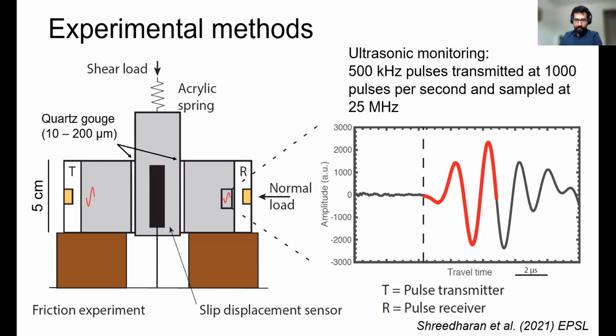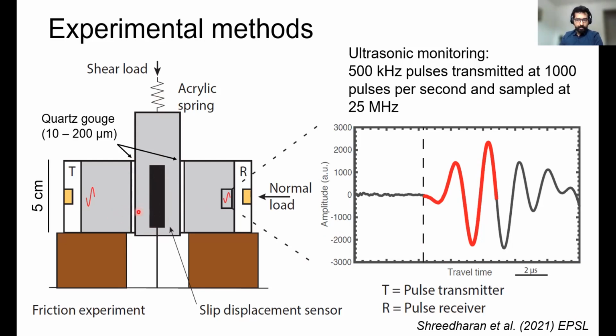The sample itself is composed of 3 blocks of granite in this case, although we can use a variety of different things and different configurations. The 3 blocks of granite sandwiched together form 2 faults that are 5 centimeters long and 5 centimeters wide going into the page. So your rupture area is a 5 by 5 centimeter square.